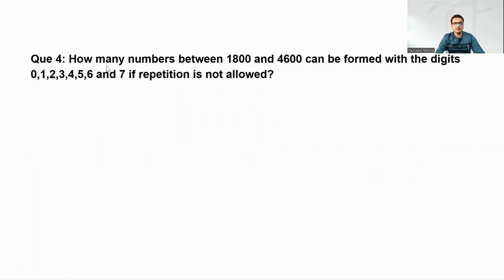Question number 4. How many numbers between 1800 and 4600 can be formed with the digits 0, 1, 2, 3, 4, 5, 6 and 7 if repetition is not allowed? Here, first we calculate the total numbers from 2000 to 5000, then 1800 to 2000, then 4600 to 5000.